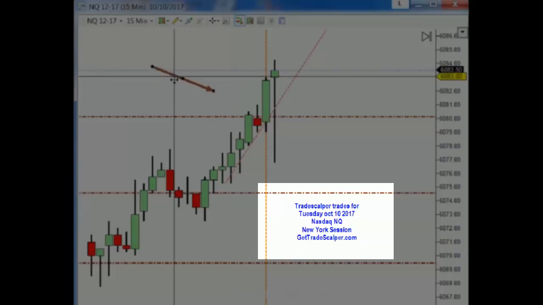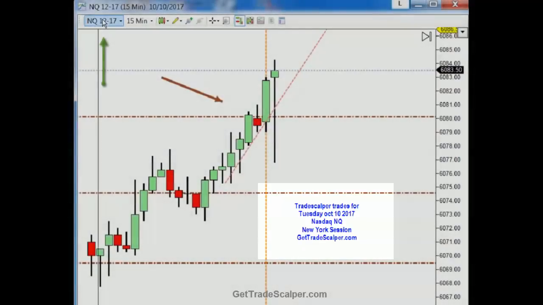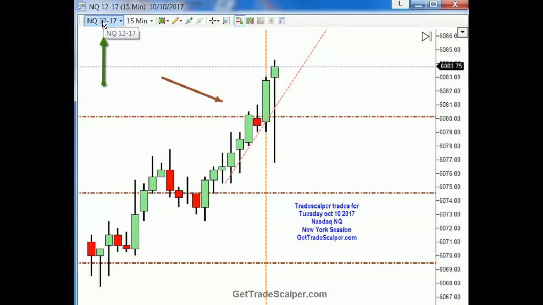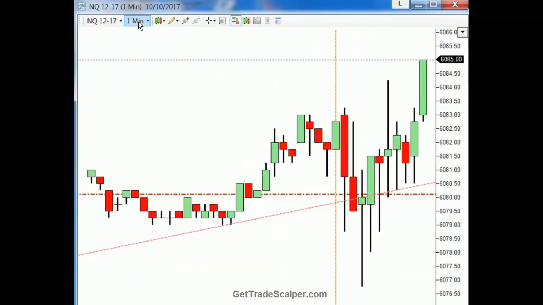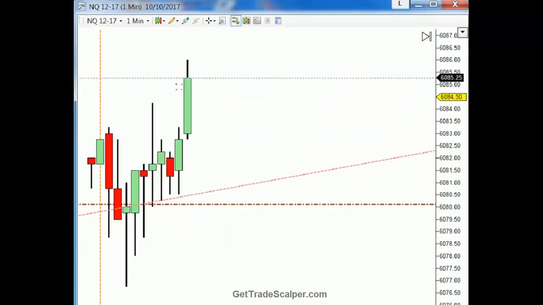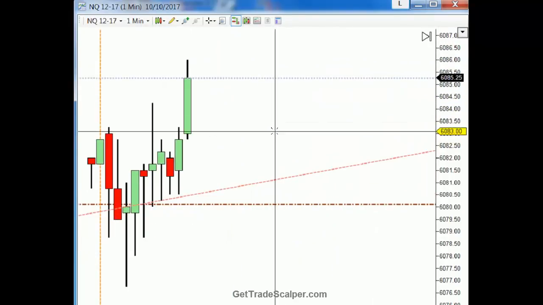All right. And so as we can see here, we are using the NQ December 2017 contract, and it should be a 1 minute chart, and the date right here, as we can see.